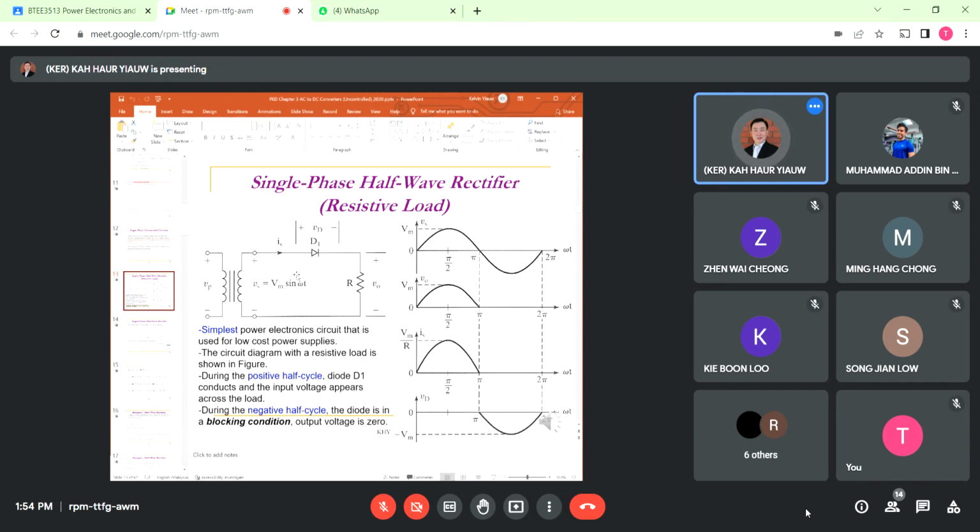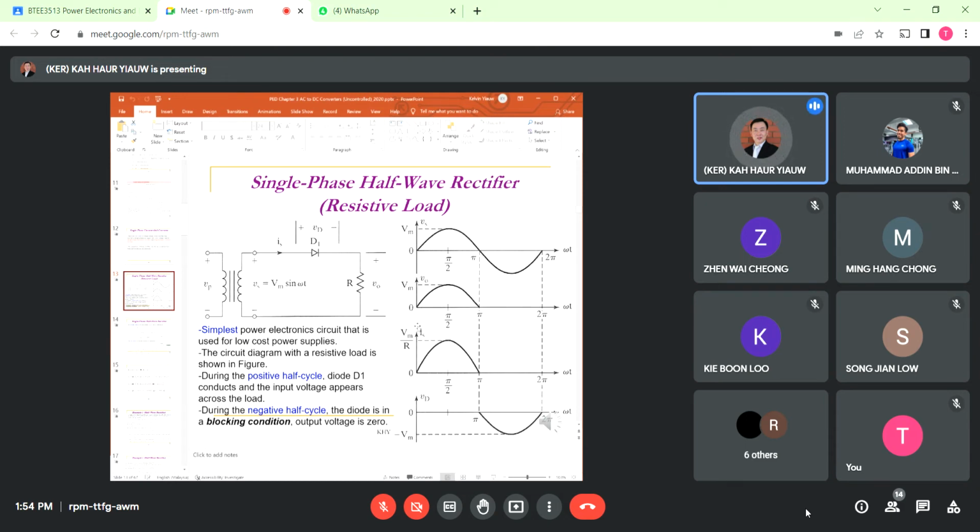And the same thing if it is a resistive load, the current waveform must follow the voltage waveform. The load current is actually in series with your Is, so they are the same.